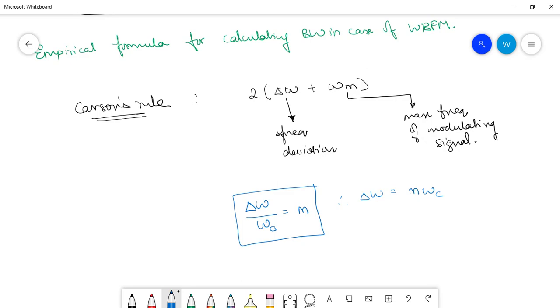So the same thing can be written as twice of (m times omega_c plus omega_m), where omega_m is the maximum frequency of my modulating signal. So this was the empirical format of Carson's rule. All right, I will end it over here, and if you have any doubts, please comment in the comment section.